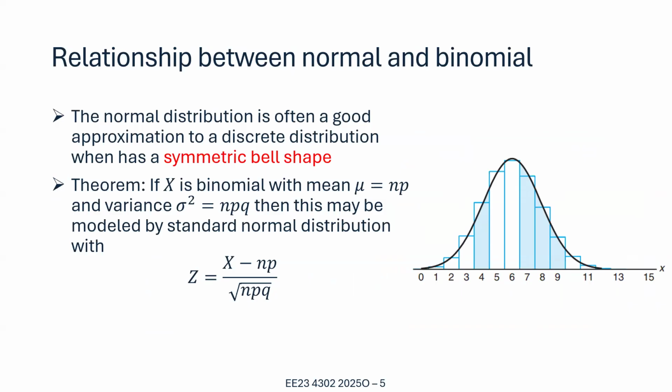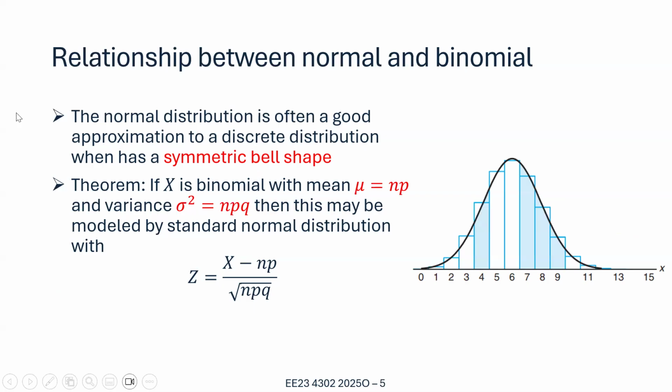But if it's not a half, like 0.9 and 0.1, then it would not be really symmetric. Here we have a mathematical result: if X is binomial with mean mu equals np and variance sigma squared equals npq, then this may be modeled by the standard normal distribution with z equal to (x minus np) divided by the square root of npq.